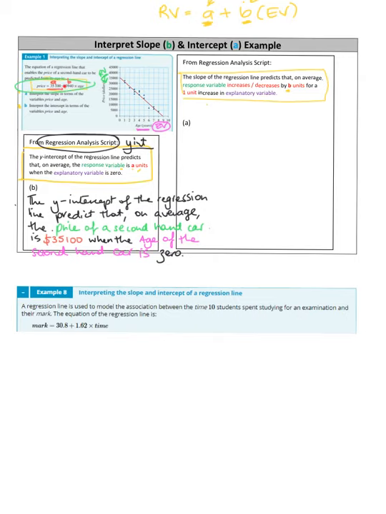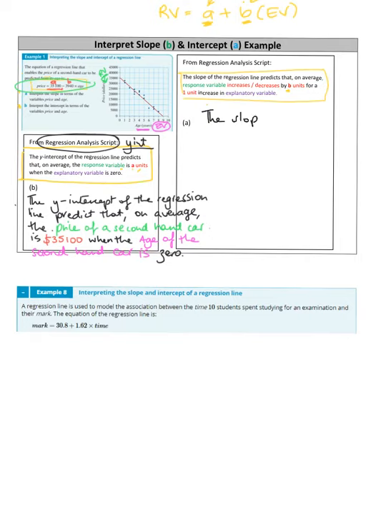So if it's positive, it's going to be increase. If it's negative, you're going to be looking for a decrease, by B units. So it's just the number there, for a 1 unit increase in explanatory variable. So let's see how we go with this one. This one's just a bit tricky because of making sure your units are correct.